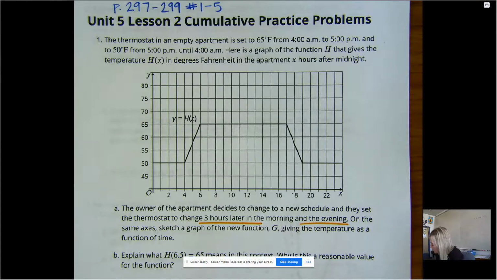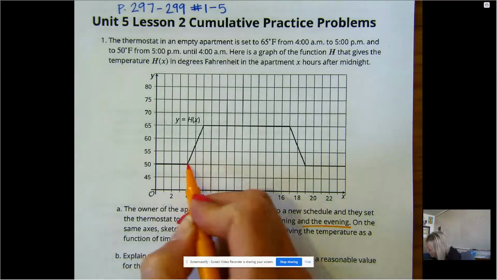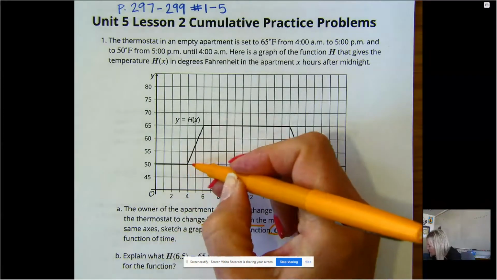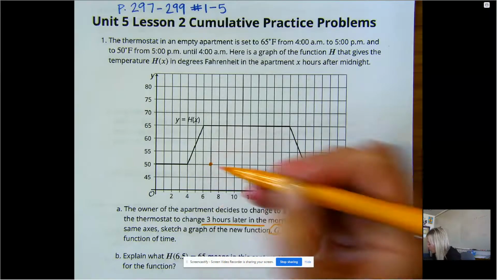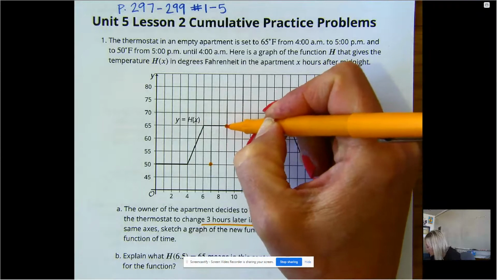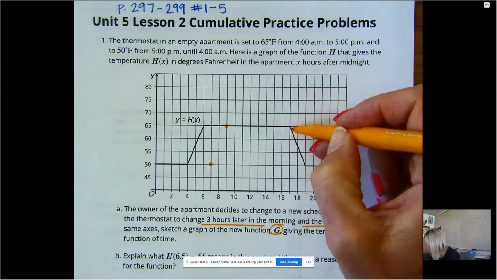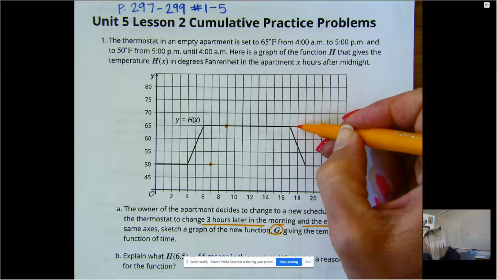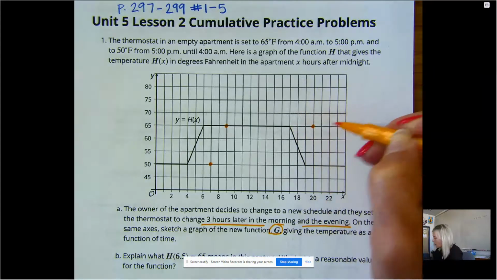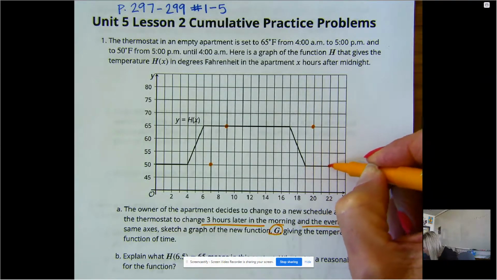So that means if we sketch this and we call it g as a function of time, right here where the temperature increases, instead of at 4 a.m., it's going to increase at 7 a.m. And assuming it takes the same amount of time to heat up, it'll reach temperature then at 9 a.m. And then when it goes back to 50 degrees, it will also be 3 hours later, and it would reach the 50 degrees 3 hours later.